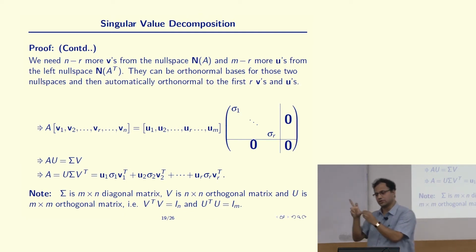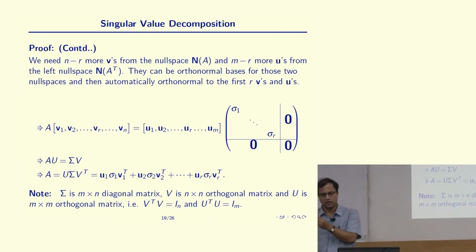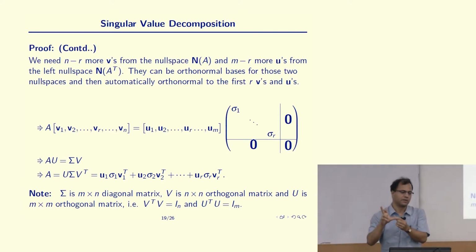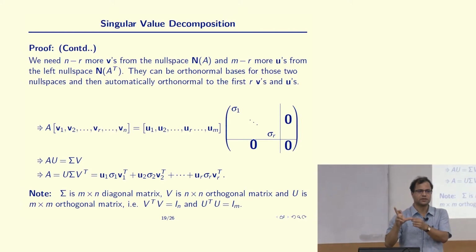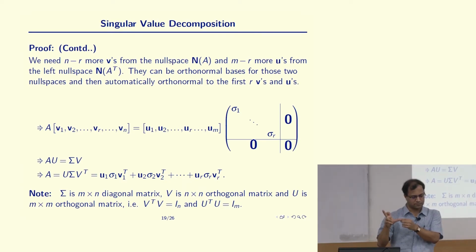So for choosing the vectors from the left null space, there are two methods.